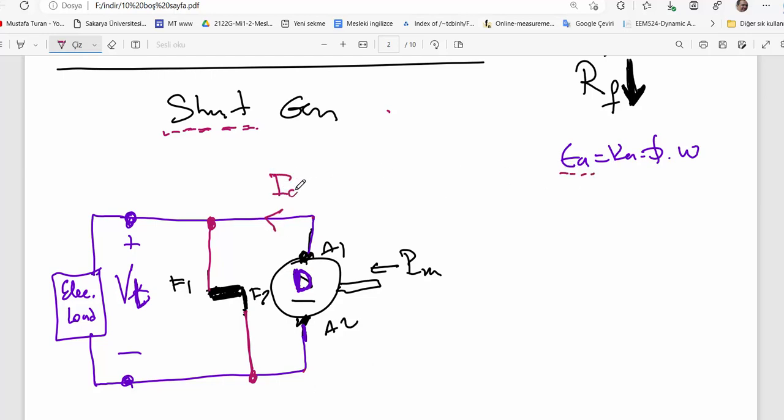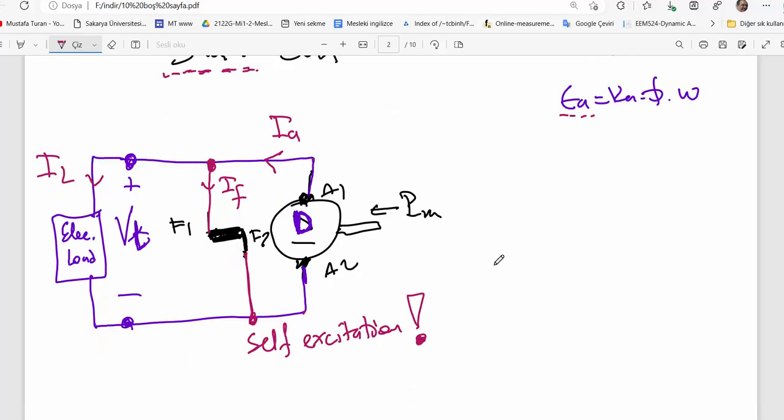It supplies the load, that is the load current, and it supplies itself, self-excitation. There are some requirements we will talk about later. It is easy, but you need some ceremony before self-excitation. So let's say it is ready for self-excitation.